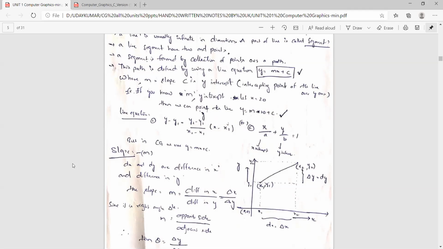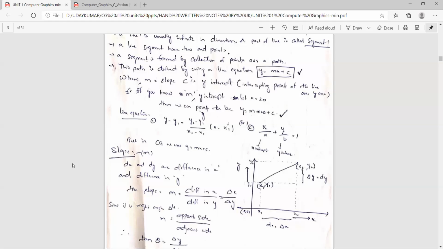Or simply you can say x/a + y/b = 1, where a is the x-intercept and b is the y-intercept. That is also one type of line equation. Both are the same. We are going to use the first one in our subject, but in computer graphics we are going to use y = mx + c. So these are the different types of line equations we have.